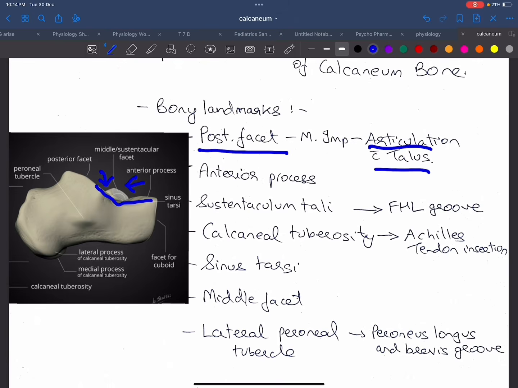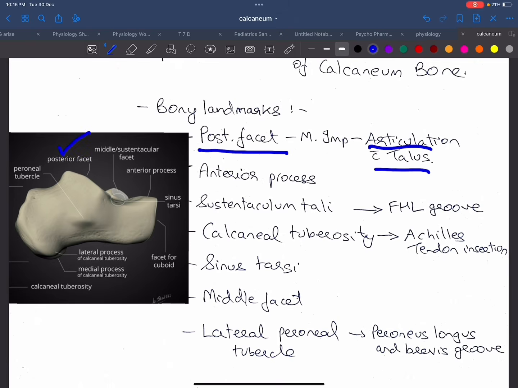Why am I repeating it multiple times? Because this is the part which confuses you on the intraoperative C-arm, and you feel that this is the angle, but this is not the angle. What you see here is the sustentacular facet, which is over the medial aspect, and this is the angle which we need to worry about. So this is the second part which is important.